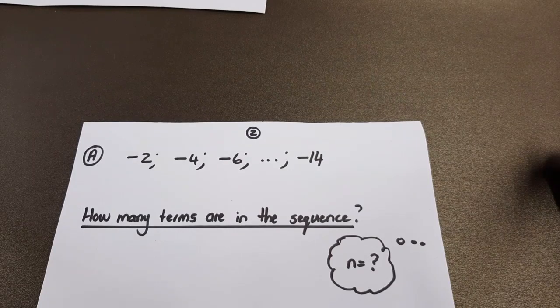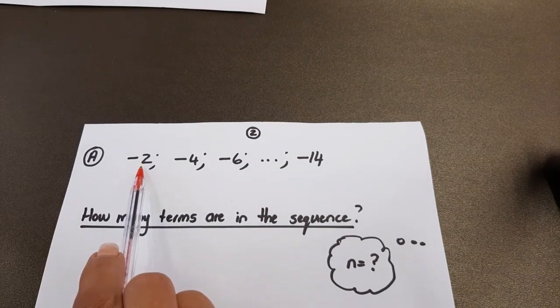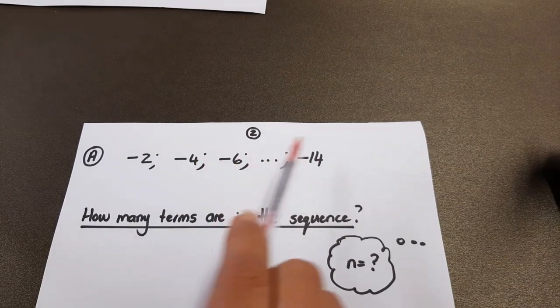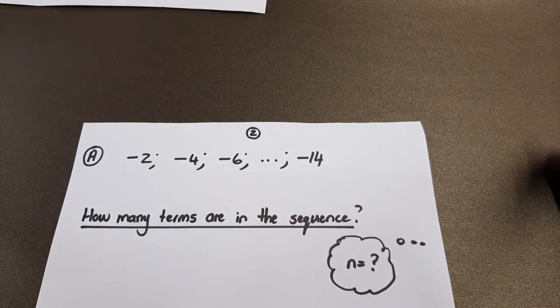If we look at our first example on page 1 of your pack of notes, you get a sequence of -2, -4, -6, up to -14. And one possible question is to determine how many terms are in the sequence. So we actually want to know n's value.